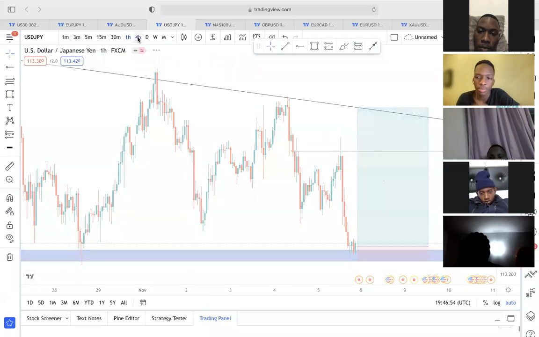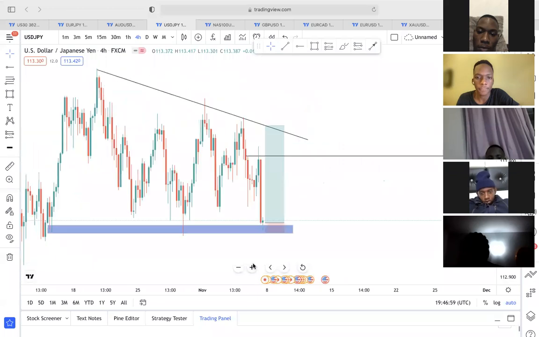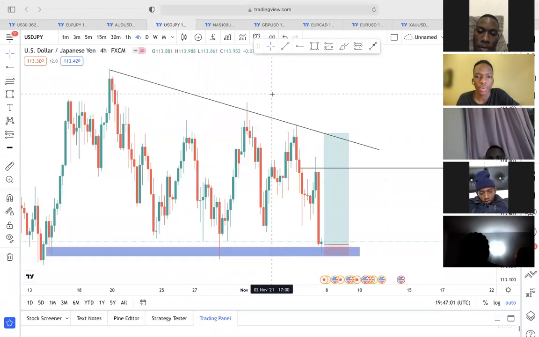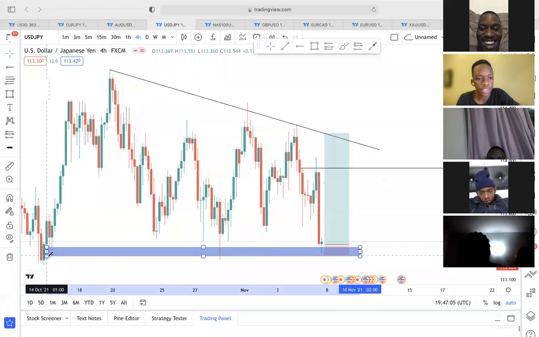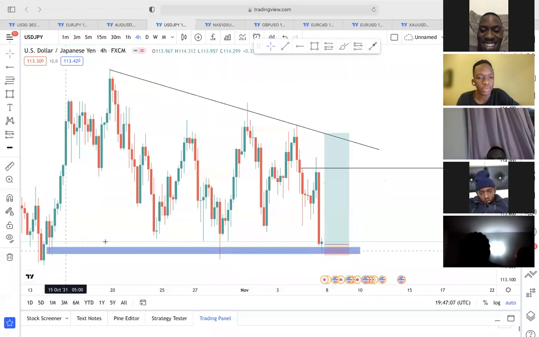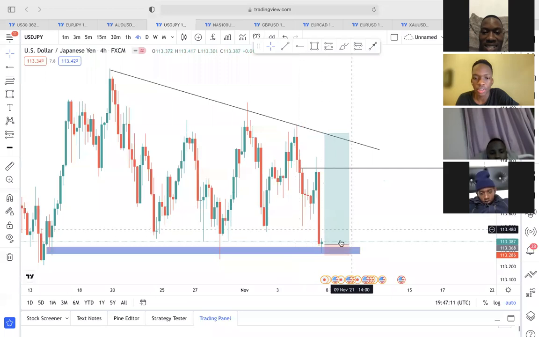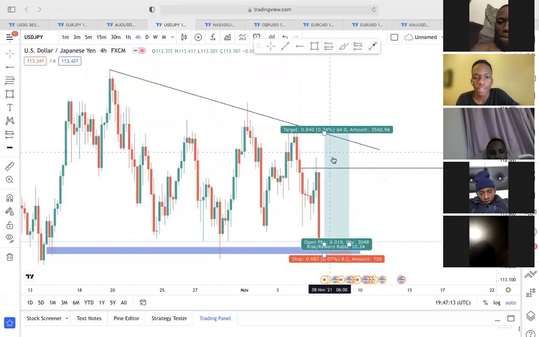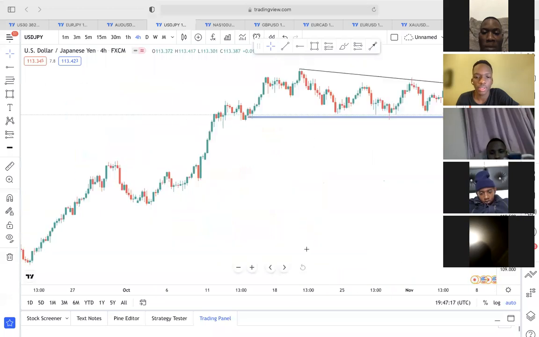So let me just explain it again. You can see we have our zone of support over here, and the market has touched the zone of support the third time, closing with a bullish candlestick. Clean buy setup, clean buy setup.